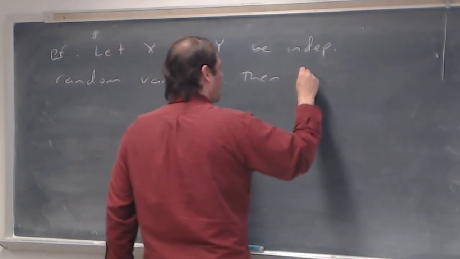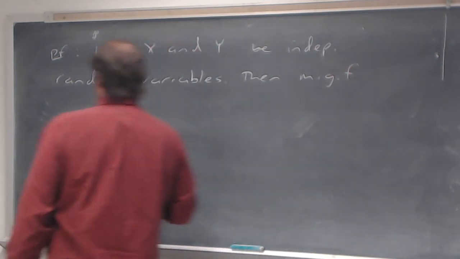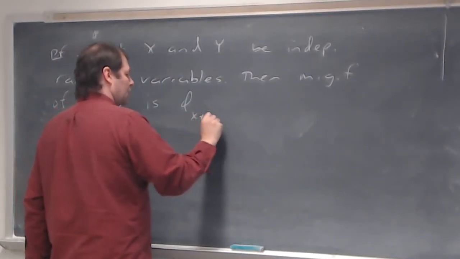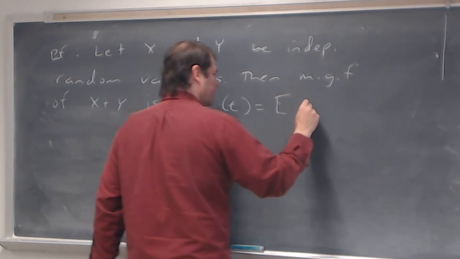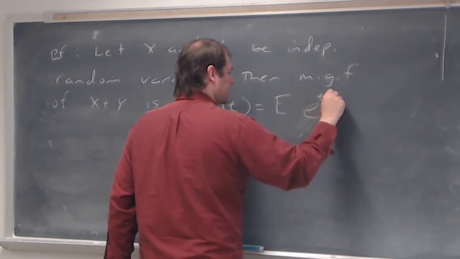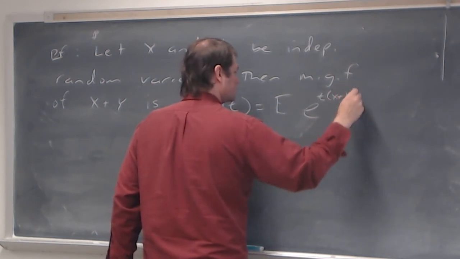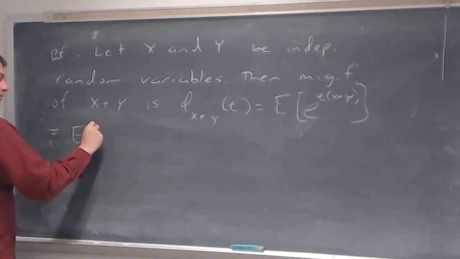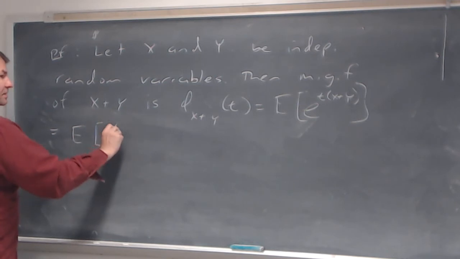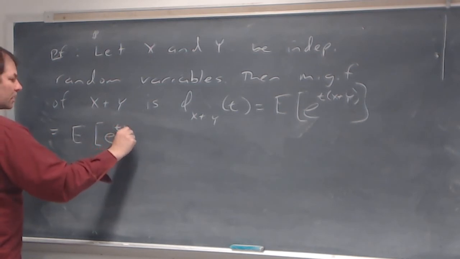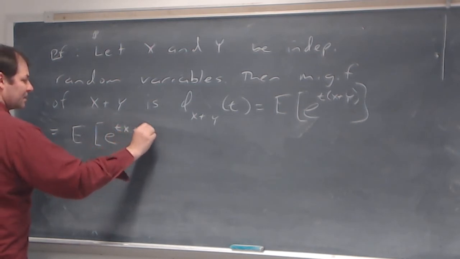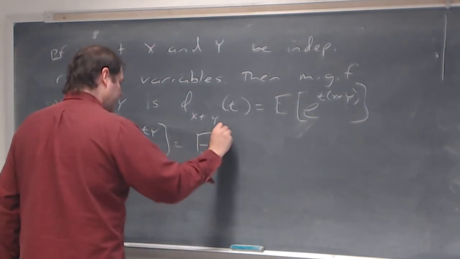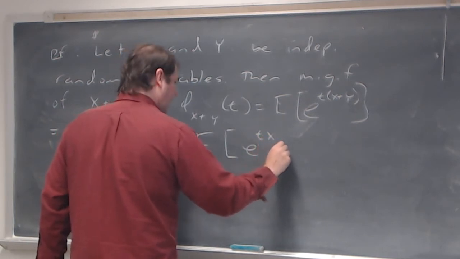Then the moment generating function of X plus Y is phi sub X plus Y of t, which equals the expected value of e to the t times X plus Y, which is equal to the expected value of e to the tX plus tY, which is the expected value of e to the tX times e to the tY.